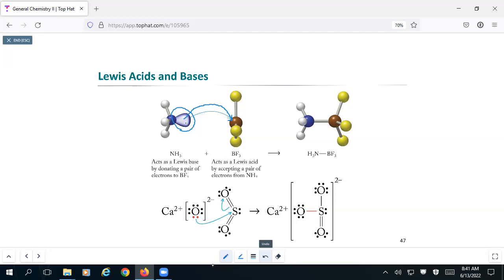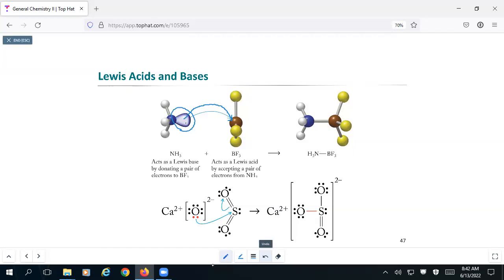We can see this behavior also taking place in substances like oxides. We've struggled with the idea of how an oxide or a sulfide or whatever could end up giving us such a basic solution. And now we have an explanation for it.